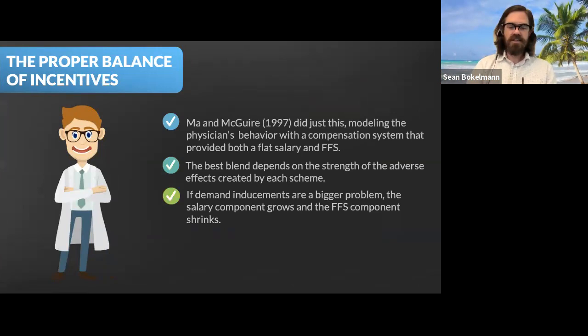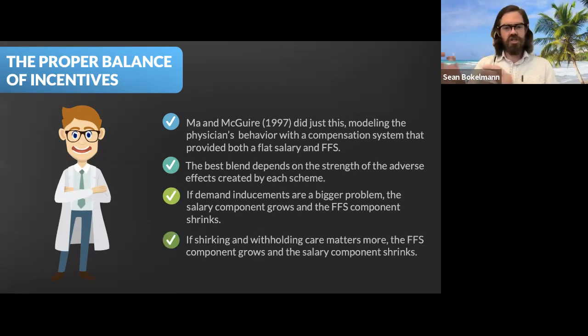So if the demand inducements coming from the fee-for-service payment are a bigger problem, then the salary component will be a larger part of compensation, and the fee-for-service component will be smaller. But if shirking and withholding care is more important, then the fee-for-service component of compensation will get bigger and the salary component will get smaller. So pretty straightforward. That seems to be, at least to me, pretty intuitive, right?